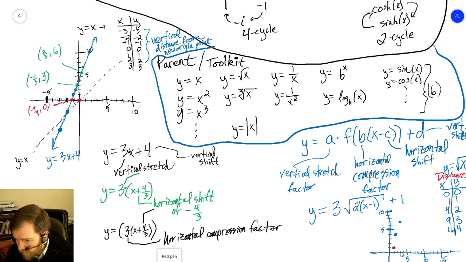So this is going to be 3, comma 7. This is 3 halves, comma 4. This is 1, comma 1.